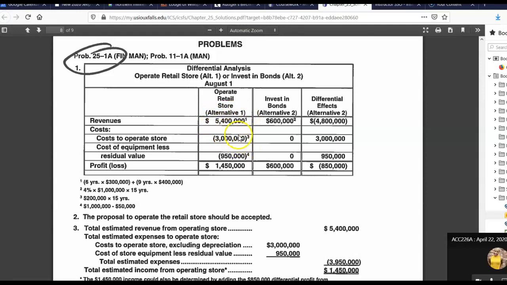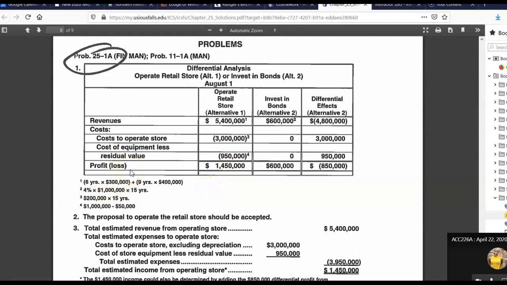However, there's quite a bit of cost to run this store, and it says here yearly cost to operate the store excluding depreciation. So we're looking only at cash flow here. 200,000 times 15, that's 3 million. And then it says here the residual value of the store equipment.